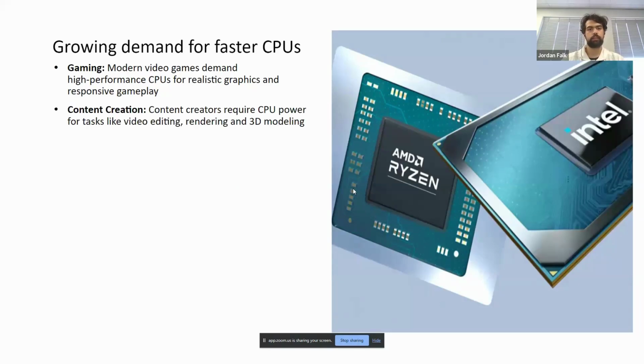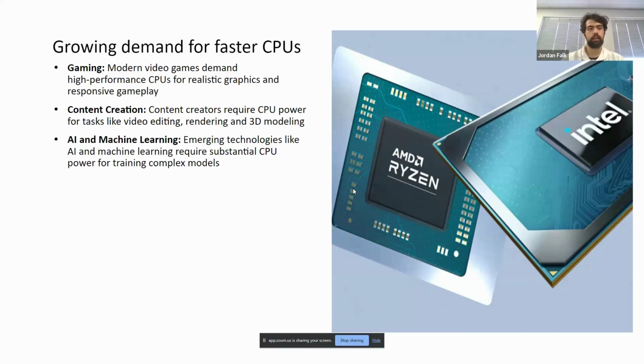In content creation, they require more power for video editing, rendering, and 3D modeling. Even in AI and machine learning, more complex training models require higher CPU power. And then for multitasking, we're all guilty of having like 4 code editors open, 12 browser tabs, and Teams, etc., etc.